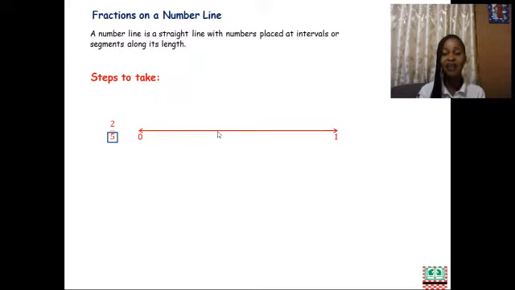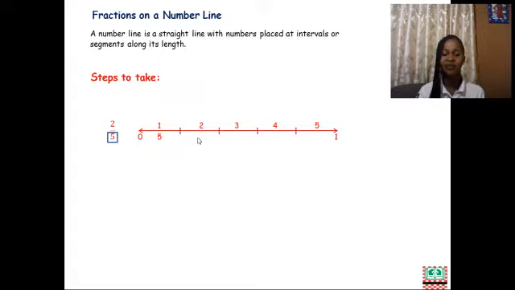Since we want 5 parts, we need only 4 strokes at the middle. 1, 2, 3, and 4, which gives us 1, 2, 3, 4, 5 parts. Now we have 5 parts. Now these 5 parts represent, the first part is what?